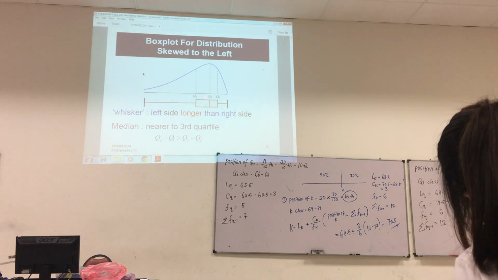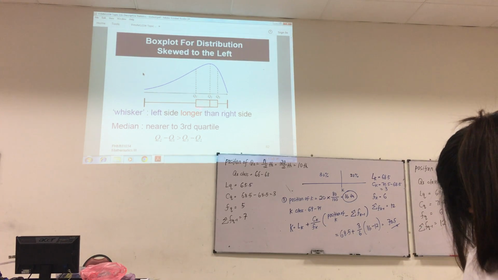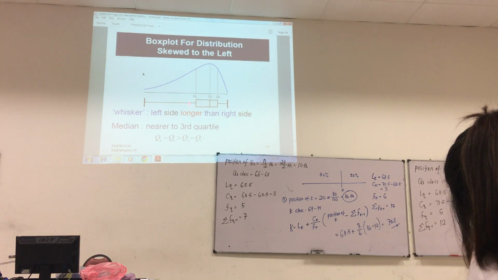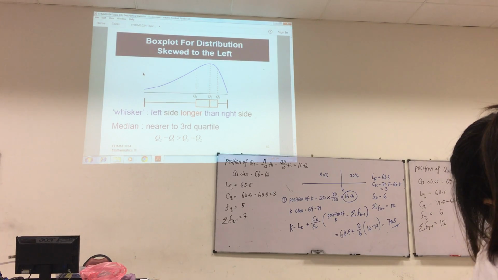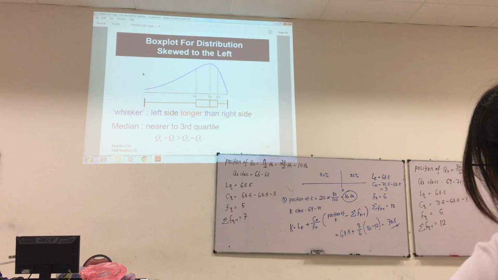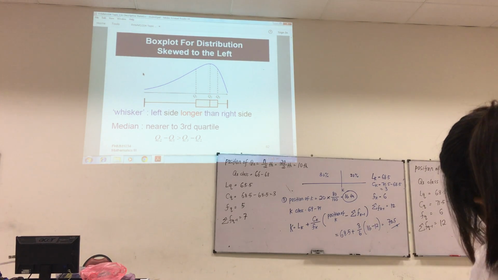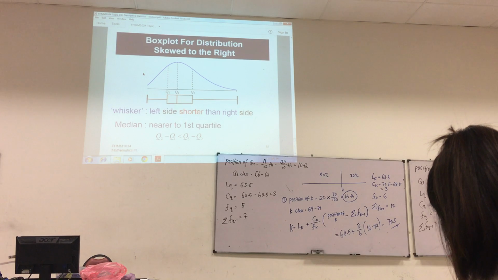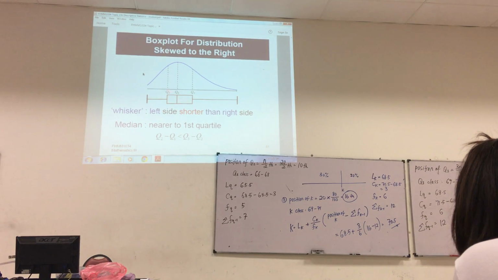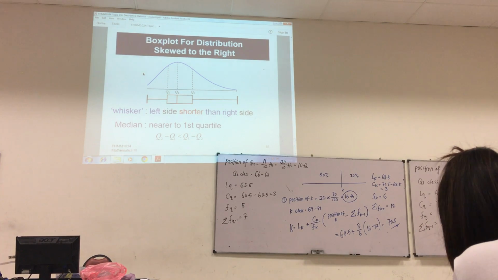For the size of the left-hand side box, we talk about Q2 minus Q1, because we want to ensure the value we get is positive. We always use the big number minus the small number. So Q2 minus Q1 must be bigger than Q3 minus Q2 in this case. If it's the other way, Q3 minus Q2 must be bigger than Q2 minus Q1, and so on.